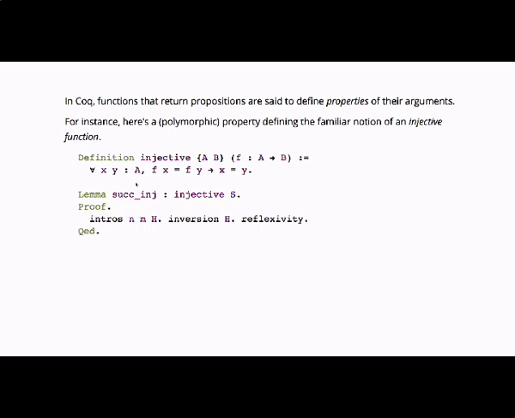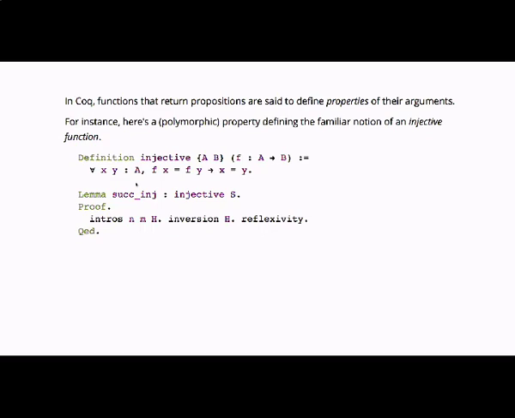Okay. So here, coming back to the slide, is a polymorphic property, a property that could hold of any elements x and y drawn from any type A. Sorry, what am I saying?